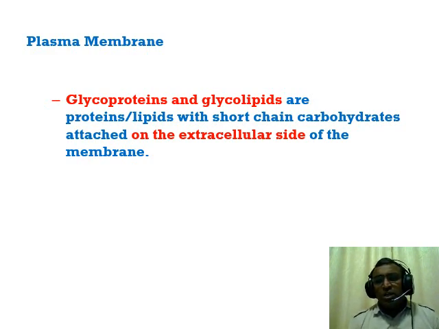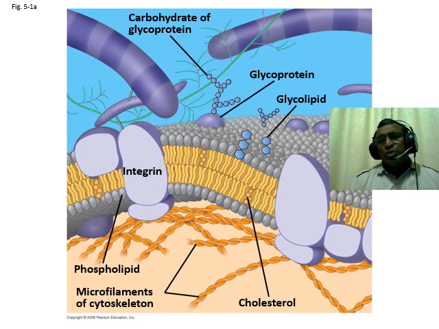Normally the protein and lipid will be in the lipid bilayer, while the other conjugate, the carbohydrate, will be on the outside at the extracellular site. So this figure gives you an idea that it's not only about the lipid bilayer, but other components also play a role in making the complexity of the cell membrane itself.